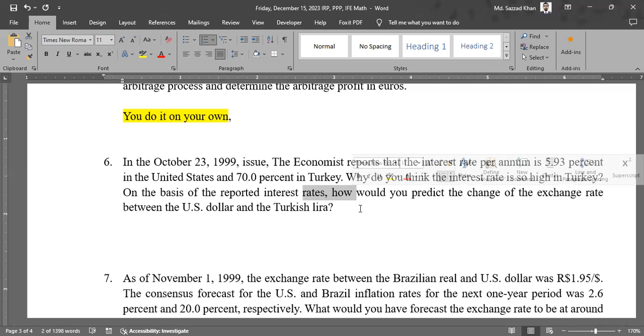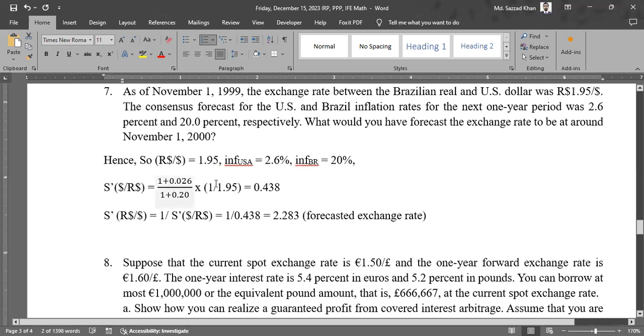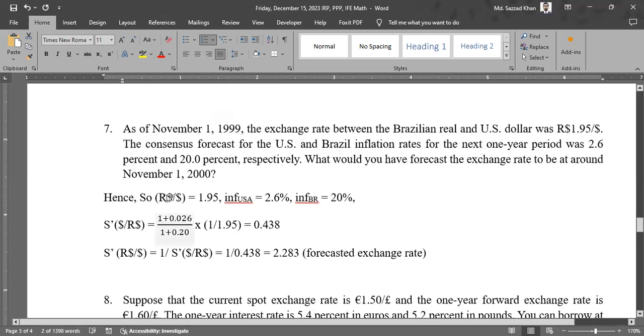Rather than using inflation, Fisher suggested we use interest rate to forecast or predict what our exchange rate will be in the future. From the Fisher effect, we know if the country is having an interest rate differential, the exchange rate will be in line in such a way that there will be no arbitrage opportunity. So we do the thing.